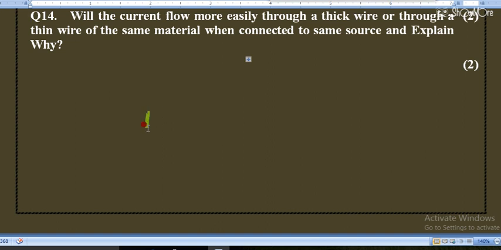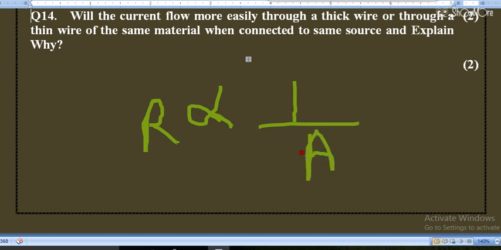As we know, resistance is inversely proportional to area. So the more the area, the thicker the wire, the lesser will be the resistance. So if there are two wires, a thick wire and a thin wire, then obviously the thick wire has less resistance, so current will flow easily through the thick wire.